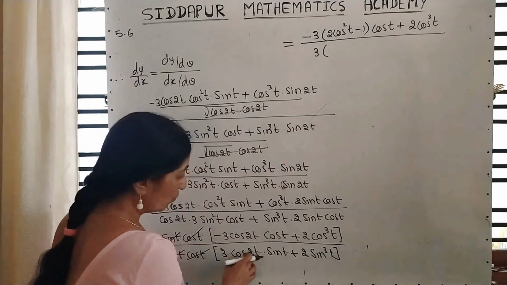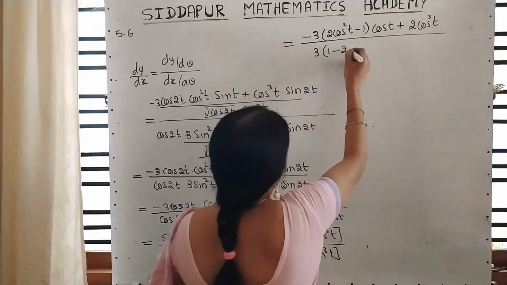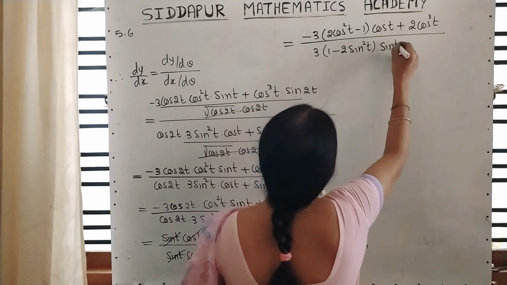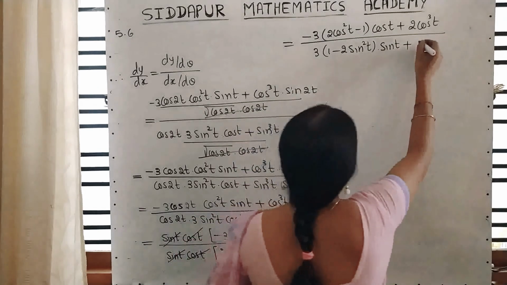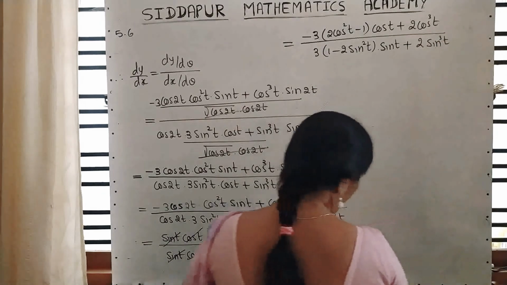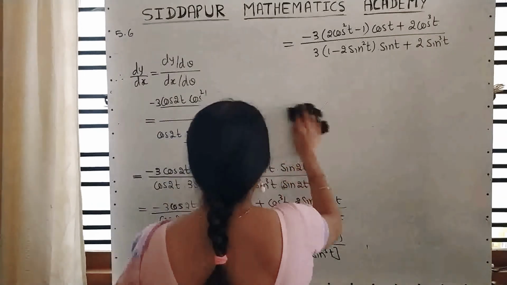Denominator: cos 2t into sin t. So I am converting this as a sin: 1 minus 2 sin square t into sin t plus 2 sin cube t. So remove the bracket and simplify.